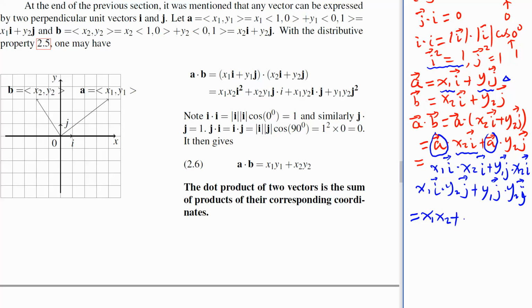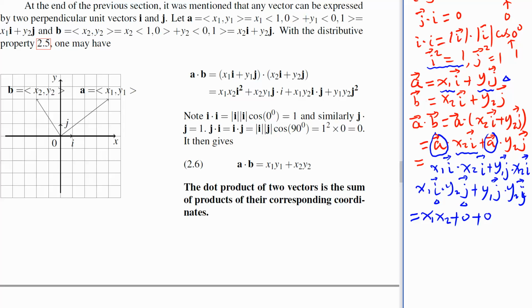Plus 0. Now right here is J I again. So you will get 0 because I dot J is 0. J dot I, I dot J, both are 0. So you have a 0.